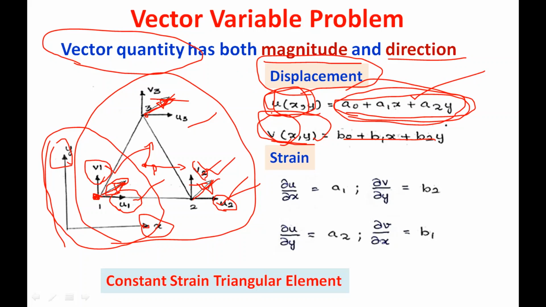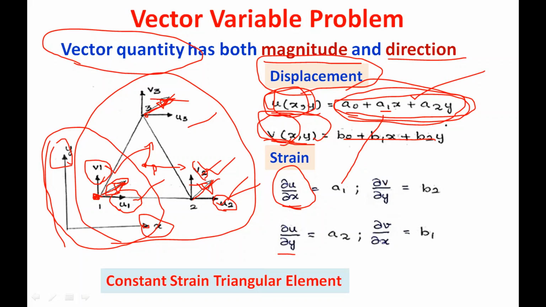Now when you say u and v are defined by bilinear polynomial, when you find the strain, it is nothing but the first order derivative of the displacement. So strain along the x direction is nothing but dou u by dou x. So dou u by dou x will be simply a1, because a0 will be 0, a2 will be 0, you will get only a1 here.